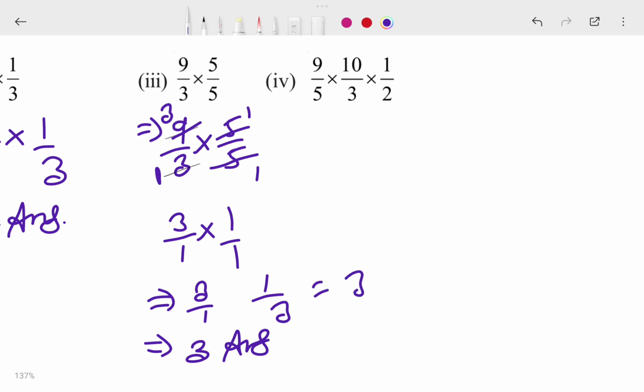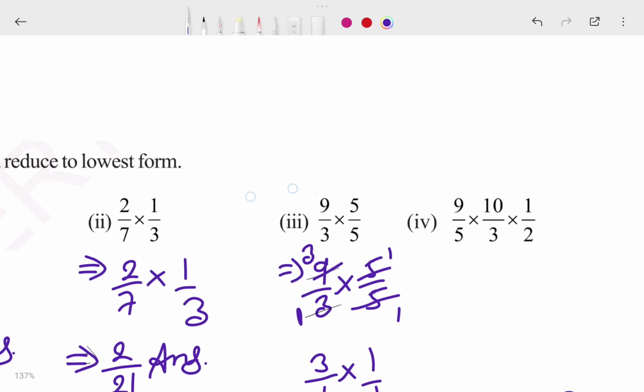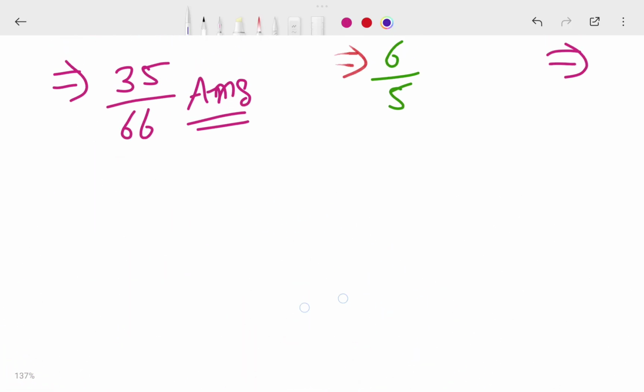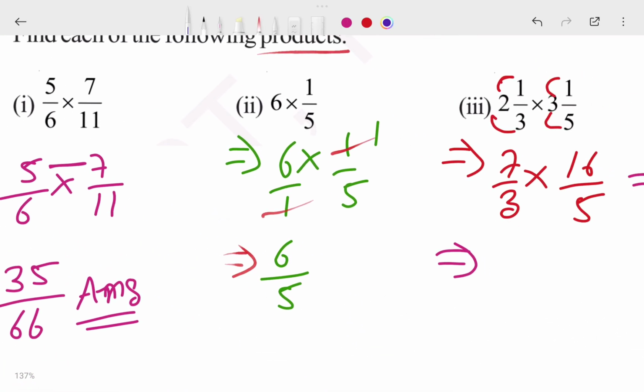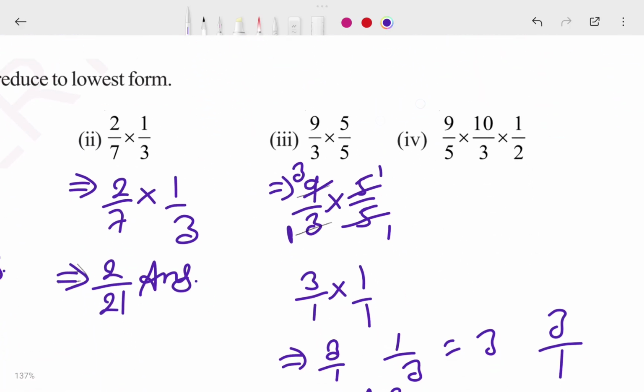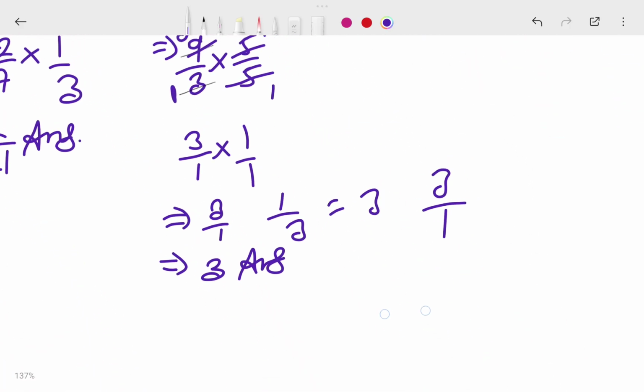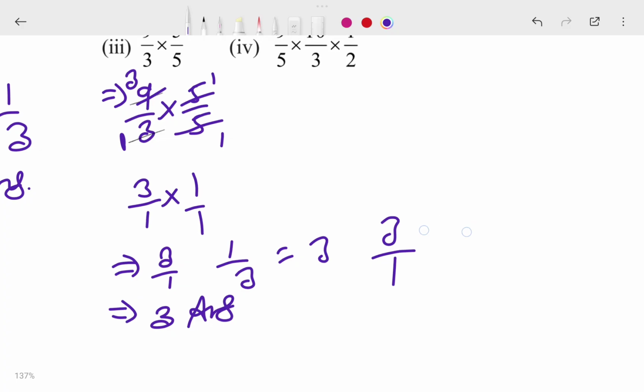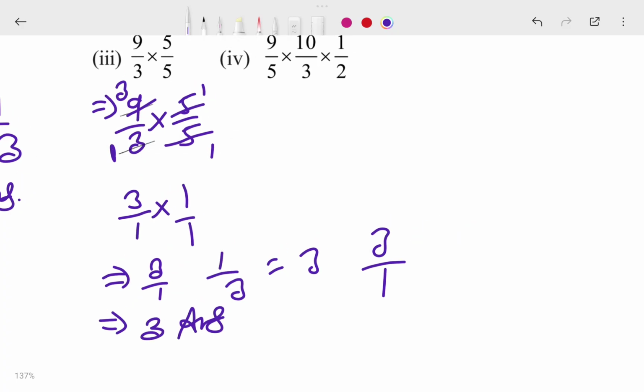When it is only 3, then you can put 1, as we assumed here in the denominator, because it is in the numerator. So if it is 1 by 3, then it is not possible, but if 3 by 1, we can directly write 3. I hope it is clear to you.